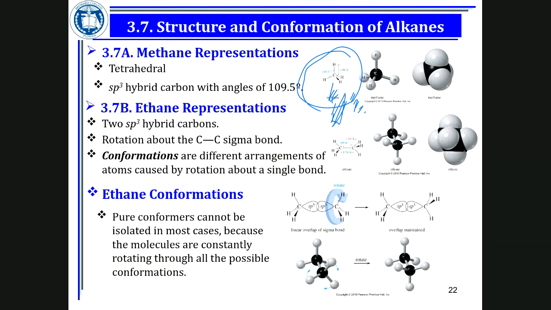And other times they have more space between them and they are not covered. If you take a ruler and measure the distance between these two hydrogens under this condition and rotate it, when you could see the hydrogens from the other carbon and you measure the distance, this is greater. It gives you greater space between the two hydrogens.